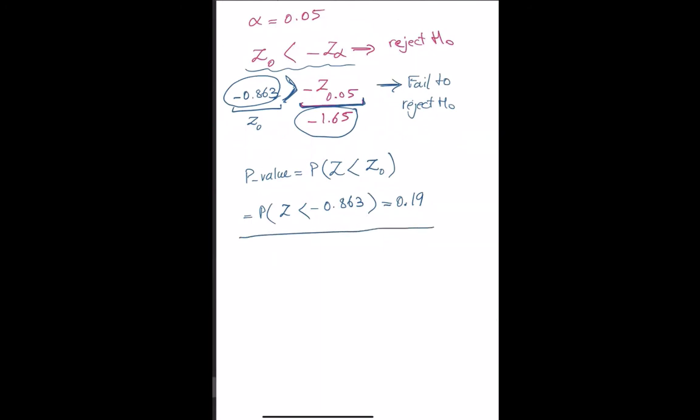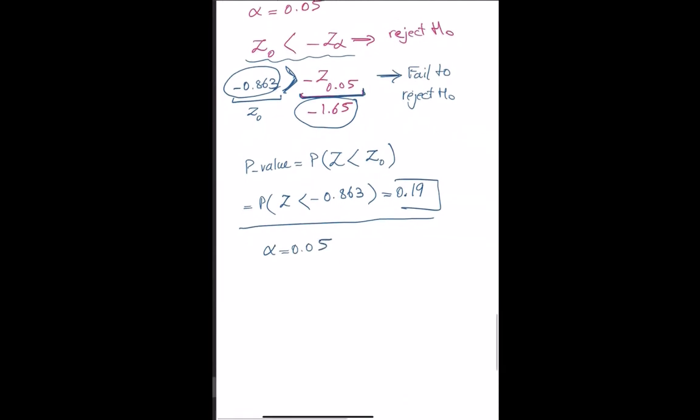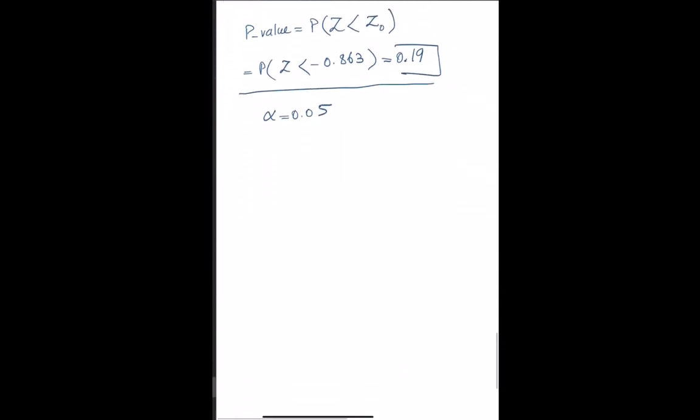So that's my p-value, and my alpha is 0.05. Make a conclusion about this test. You only know the p-value and the alpha. If the p-value is greater than alpha, then you fail to reject.